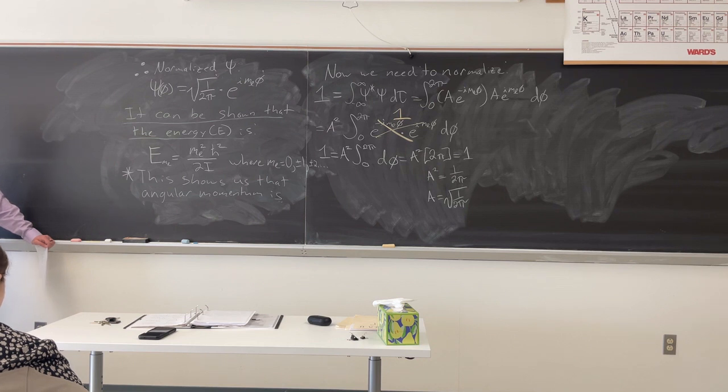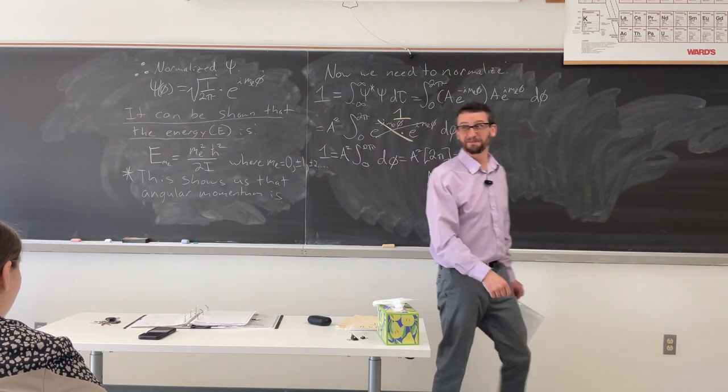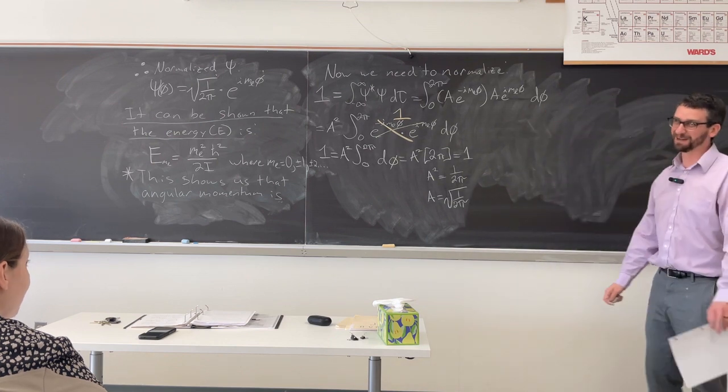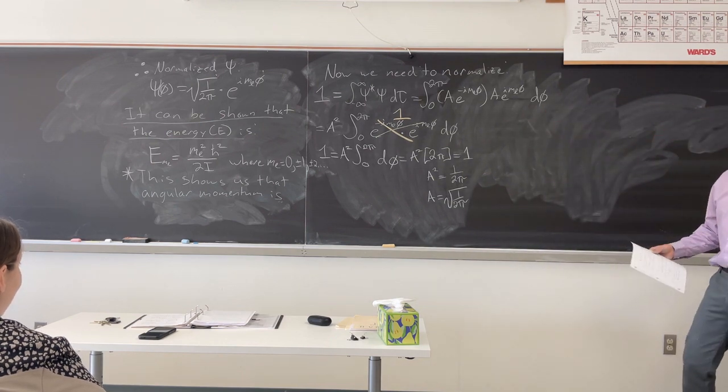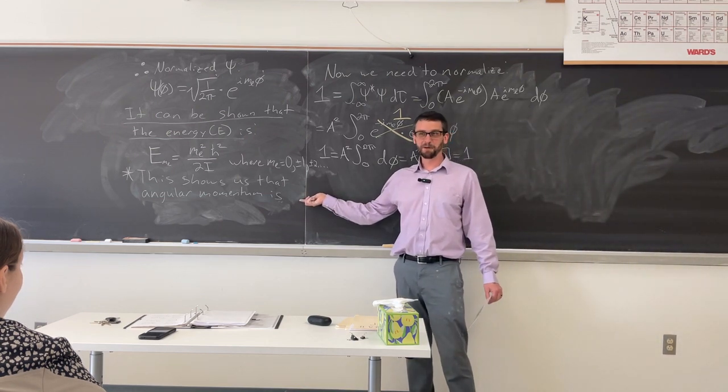What's the difference between classical physics and quantum mechanics again? That's actually the most concise and perfect explanation. Yeah, it's quantized. So what does it show angular momentum is?